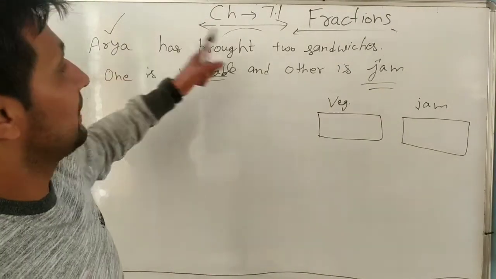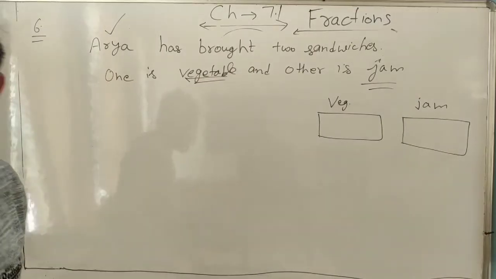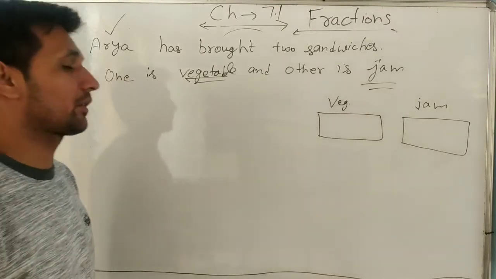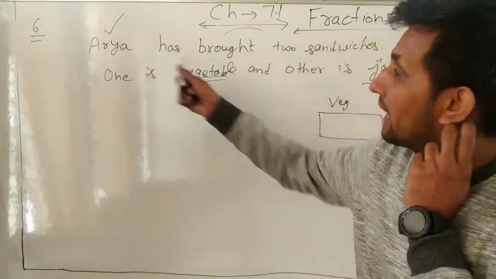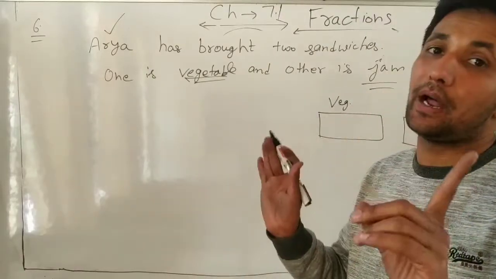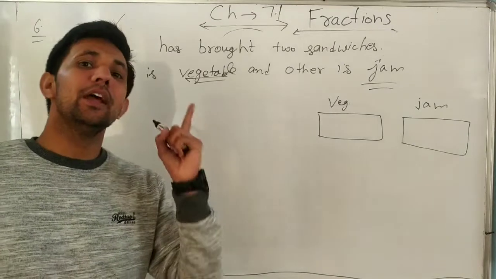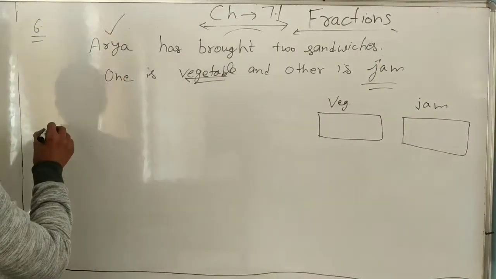Then Arya agreed to share his sandwiches, so each person will have an equal share. He decided to share his lunch in equal parts. Equal parts means fraction, because fraction always means equal parts. Okay. So first, we have to find a part.